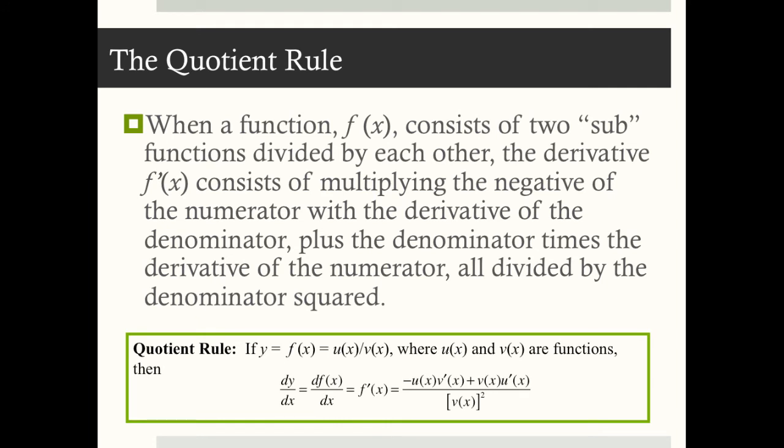So in mathematical terms, if y is equal to f of x, which equals u of x divided by v of x, where u and v are both functions of x, then dy/dx is equal to negative u(x) times v prime x plus v(x) times u prime x, and you divide that all by v of x squared. So again, I'm not asking you to memorize this stuff.